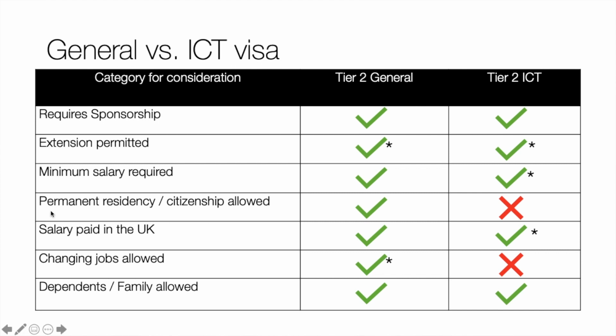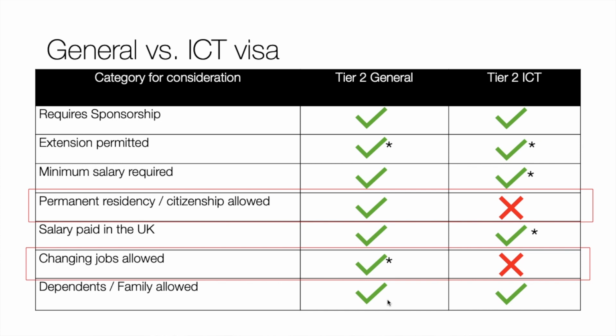But what I want to highlight specifically is, as you can see, the visas are quite similar. The main thing to keep in mind is that the Tier 2 General visa gives you a bit more flexibility, specifically when you're looking at permanent residency and citizenship.